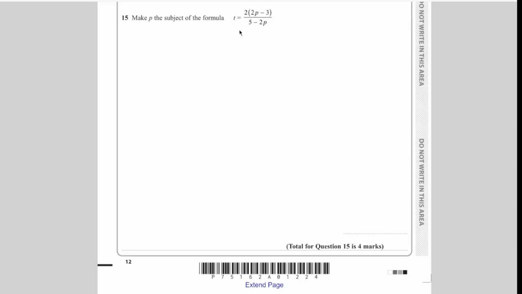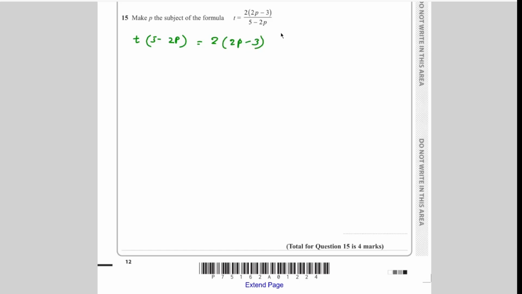When collecting P's to one side, first thing, we need to get rid of this denominator. For getting rid of the denominator, let's cross multiply. So T times (5 minus 2P) equals 2 times (2P minus 3).